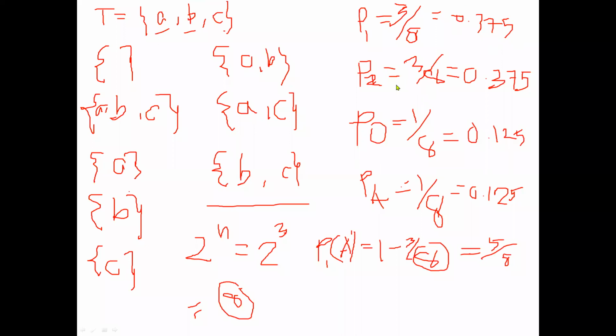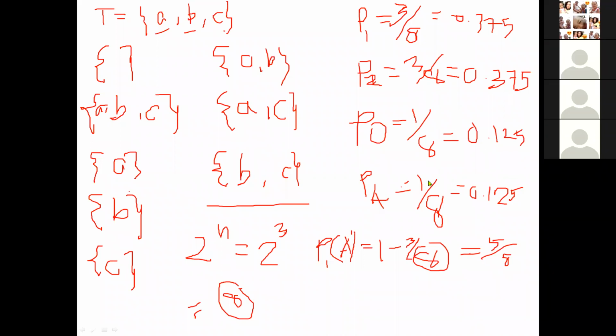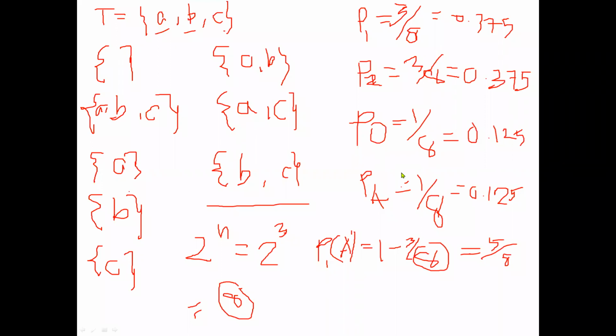Probability na dalawa ang darating 0.375, between 0 and 1. Next, 0.125 is also between 0 and 1. Probability na lahat sila darating 0.125, again between 0 and 1. Probability na walang isa lang ang darating 5/8, if you express this into decimal, between 0 and 1 pa rin yan. So ibig sabihin, yun ang rule number 3. Satisfy siya.